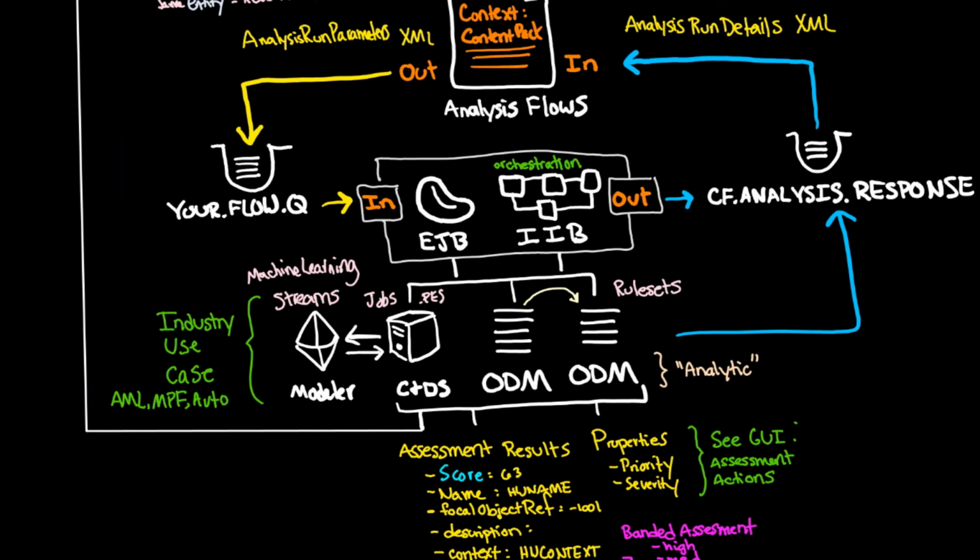And that's important because we are going to use something called a score, which we're going to look at in a second. ODM uses something called rule sets to determine all of those rules, the if-then statements. Also, C&DS uses something called PES or PES. Those are used to encapsulate, they contain the job and the stream.